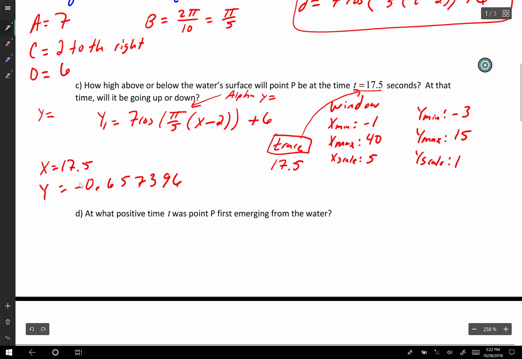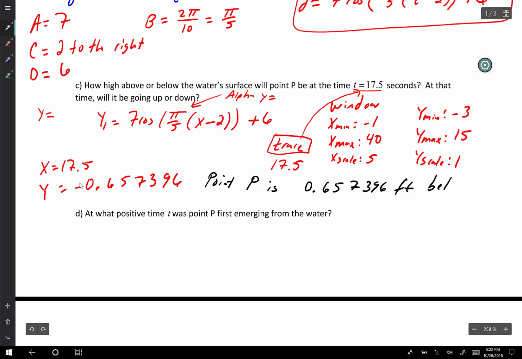So, how high above or below the water surface will point P be at the time 17.5? Let's write a statement really quick. Point P is negative 0.657396 feet below, or actually, if I'm going to write the word below, take out the negative there.